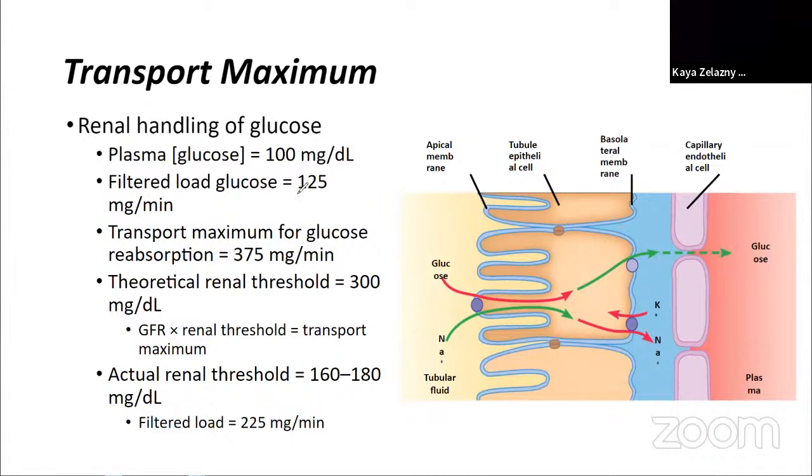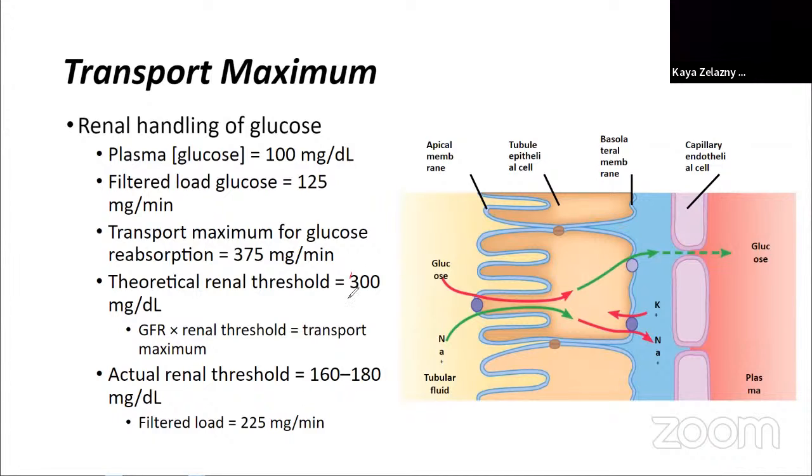Okay. So they both have to do with saturation. The theoretical one is literally if you count them all up and absolutely everyone is occupied. The actual observed renal threshold is a little bit lower because sometimes some of them are going to be empty, but they're still not basically going to do us any good.